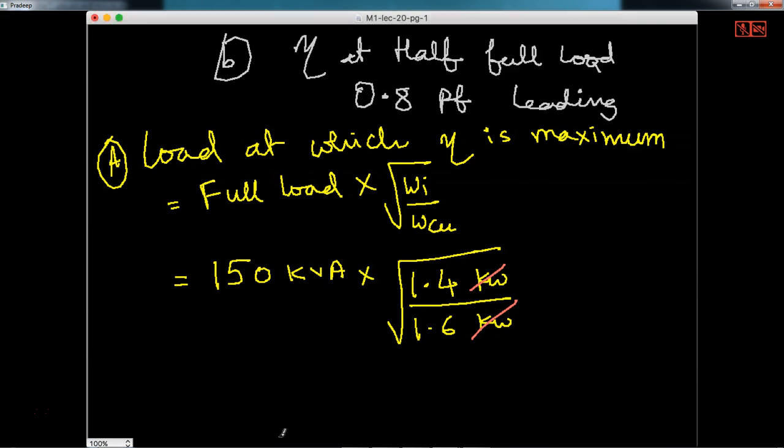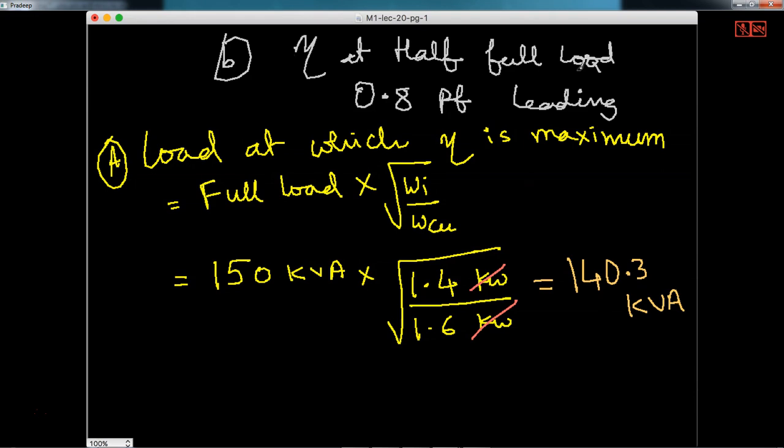So I'm getting 140.3 kVA. So when the load is 140.3 kVA, at that value, the efficiency will become maximum. So that is what we are getting here.